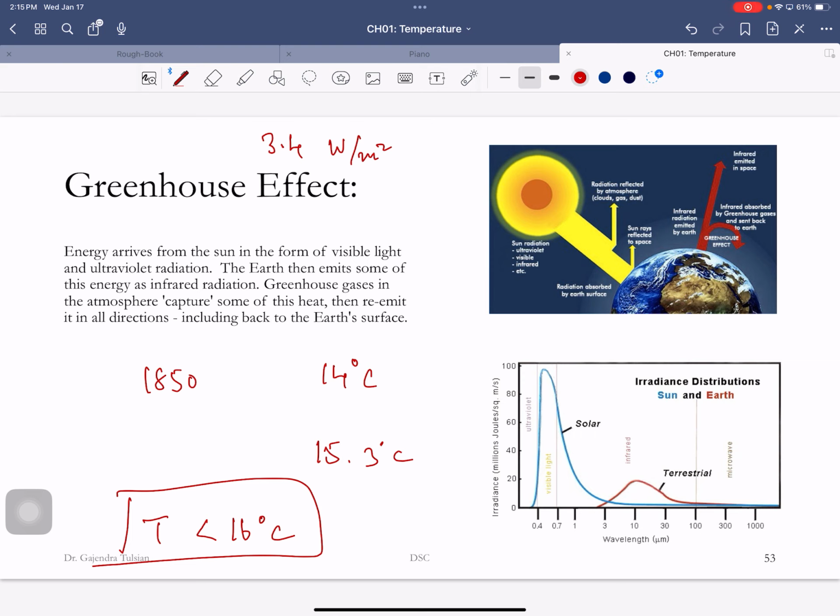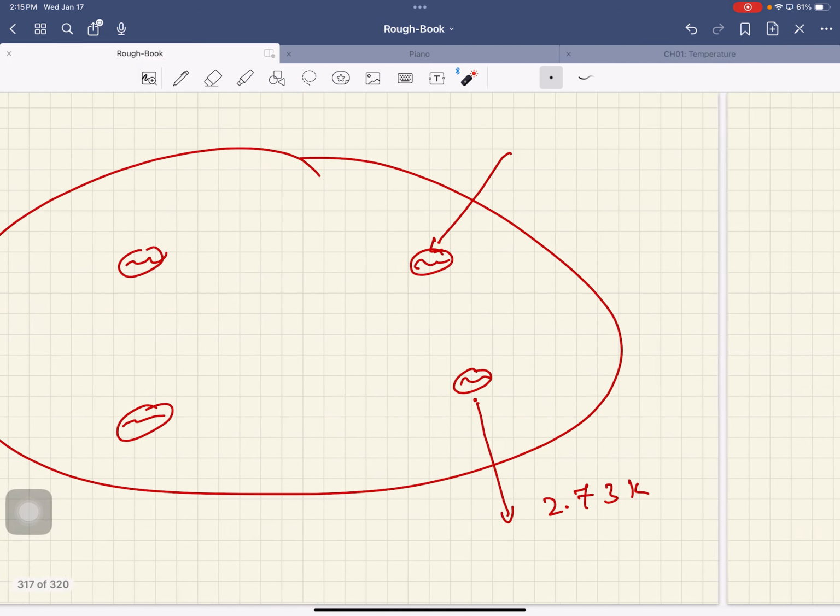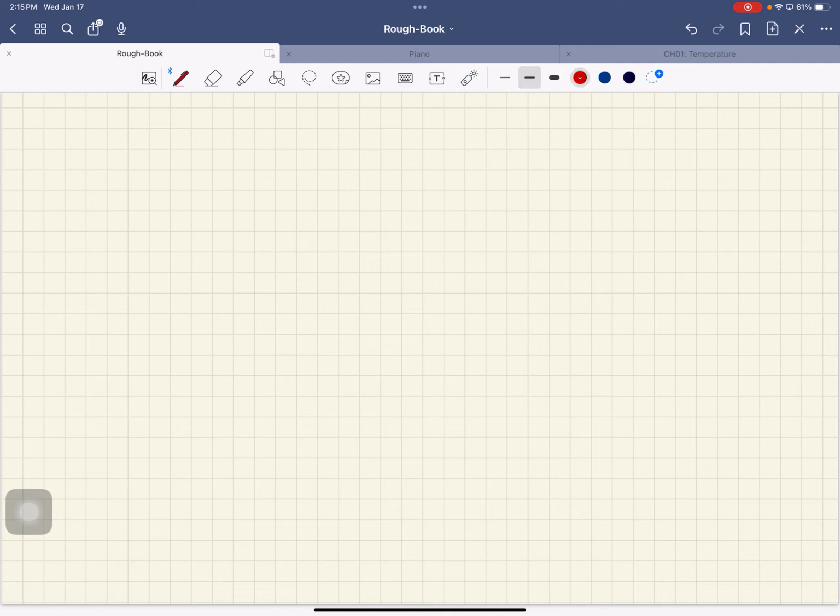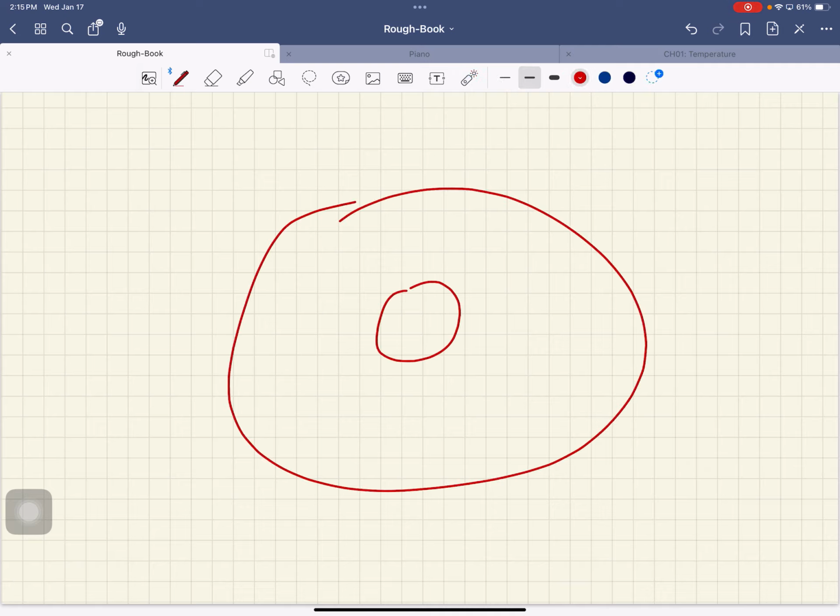Okay, why are we trapping heat? If you dump carbon dioxide in the atmosphere, carbon dioxide absorbs infrared light. So there is the Earth. You emit infrared light, carbon dioxide absorbs it and emits it in every direction.